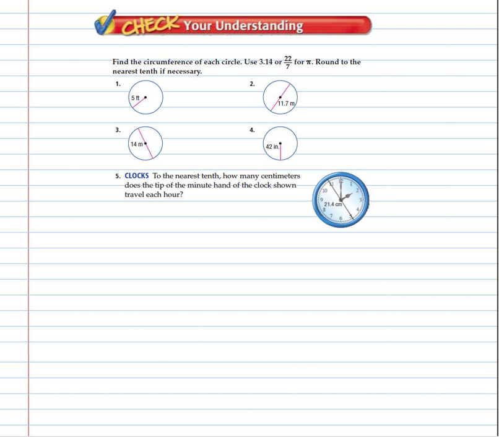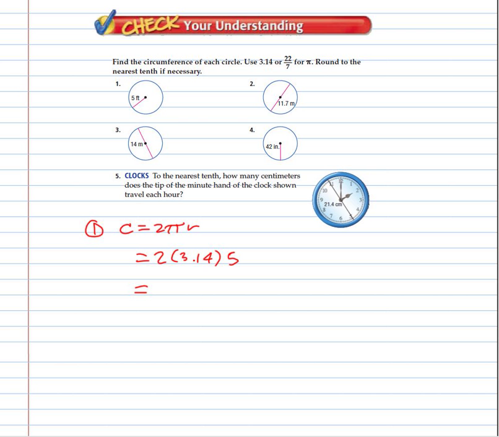Find the circumference of each circle. Use 3.14 or 22/7 for pi, round to the nearest tenth if necessary. So number 1, they give us radius. In this case, it's not a multiple of 7, so we're going to use the formula circumference equals 2 pi r. We're going to use 3.14 for pi and 5 for our radius.